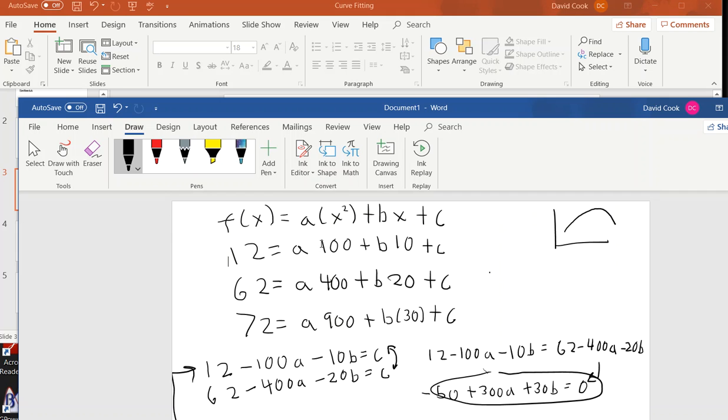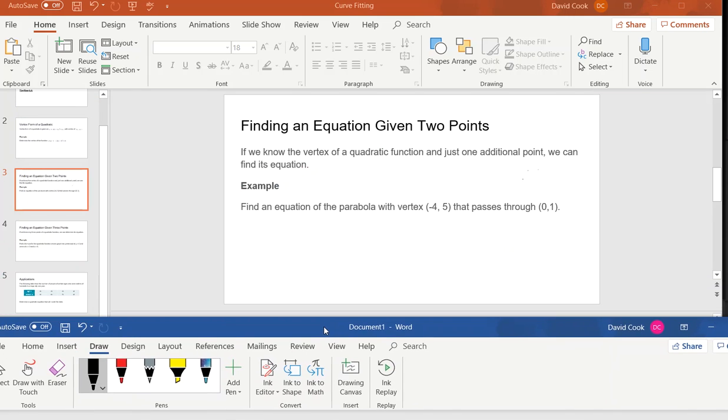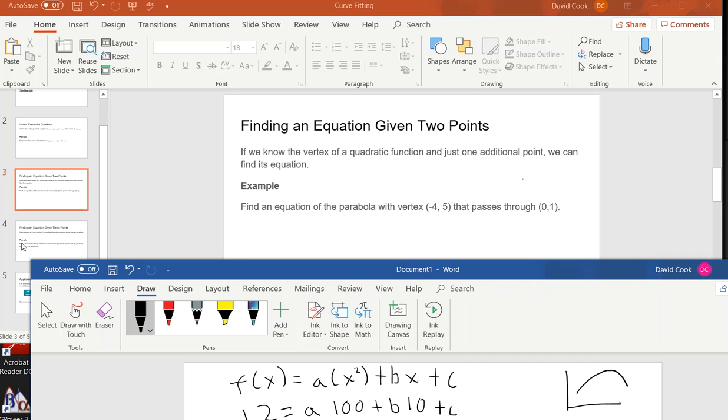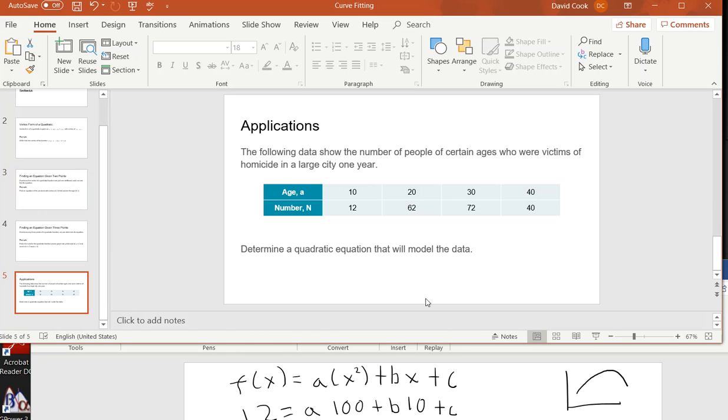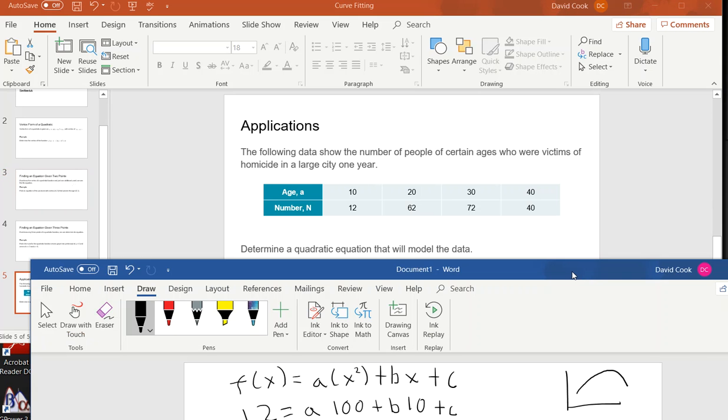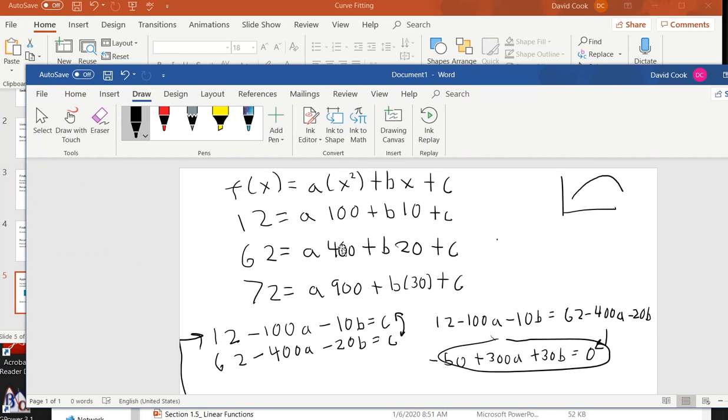Okay? So again, let me recap what I did. I took 3 of the points and I plugged those 3 points into this model equation here. And I got these 3 relationships. Okay? 10, 20, 30. Hold on. Let me go back to the right slide. There we go. 10, 20, 30. And I know that 10 squared is 100, 20 squared is 400, 30 squared is 900.